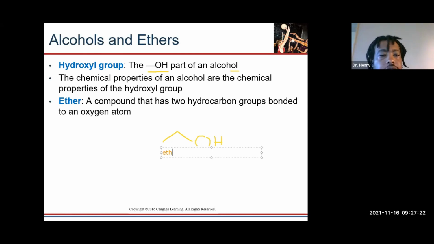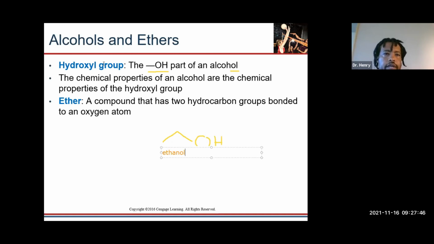So we would call this guy ethanol. And the reason we use the AN is because it's all single bonds. There's no double bonds there. And we use the OL because it's the alcohol. Now, alcohol has priority over double bonds, triple bonds and single bonds. So the last name is going to be given the OL because it has priority.